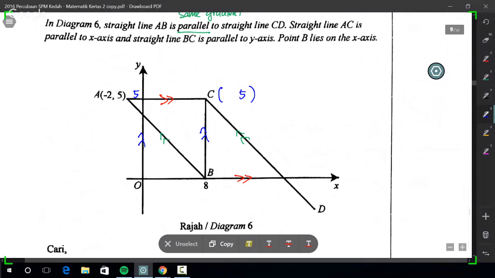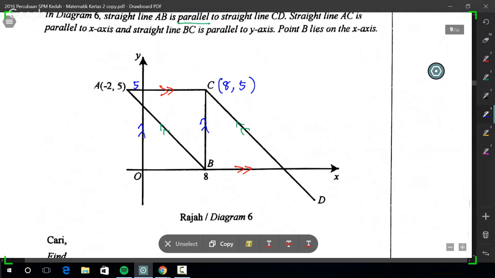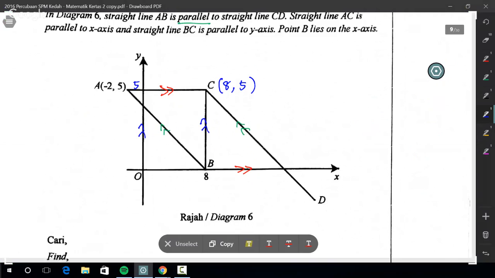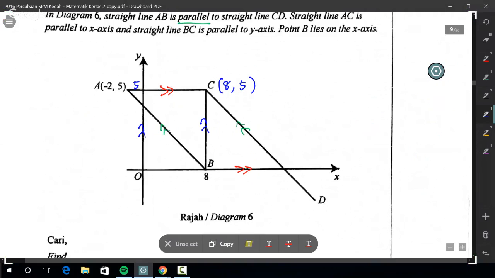And then this line BC is parallel to the y-axis. If this is 8, I know this is 8. At least I got my coordinate C by understanding the meaning of parallel to the x-axis and parallel to the y-axis. Parallel to the x-axis means they have the same y value. Parallel to the y-axis means they have the same x value. I hope you can get it.